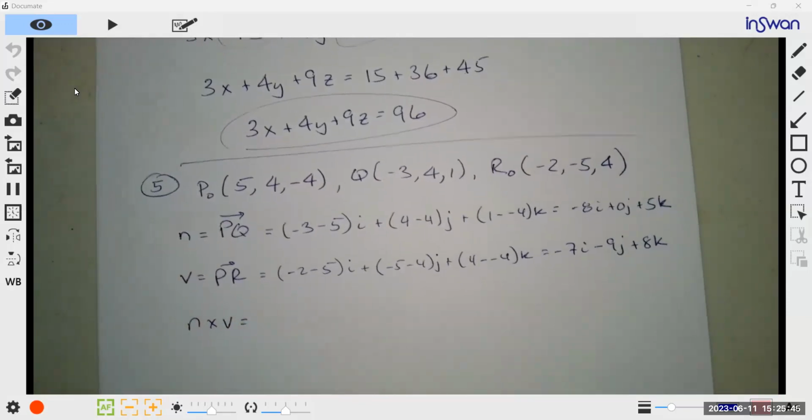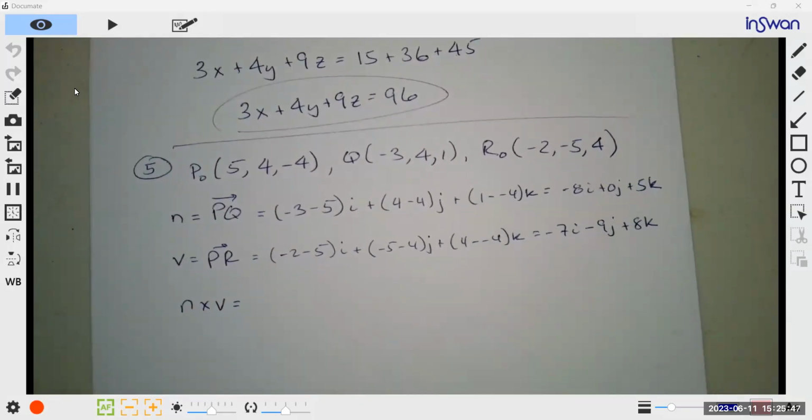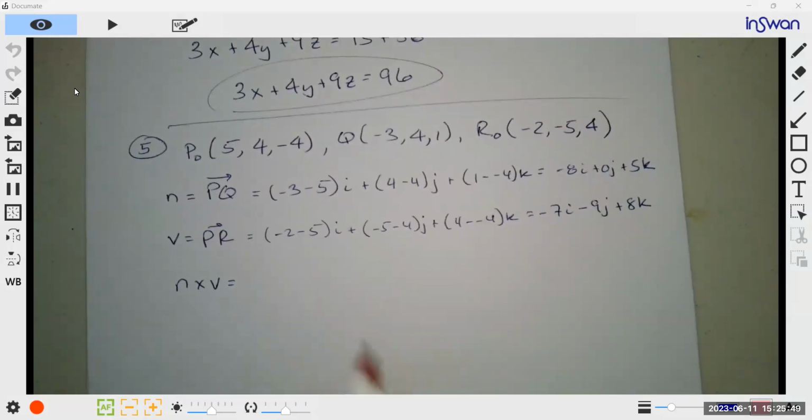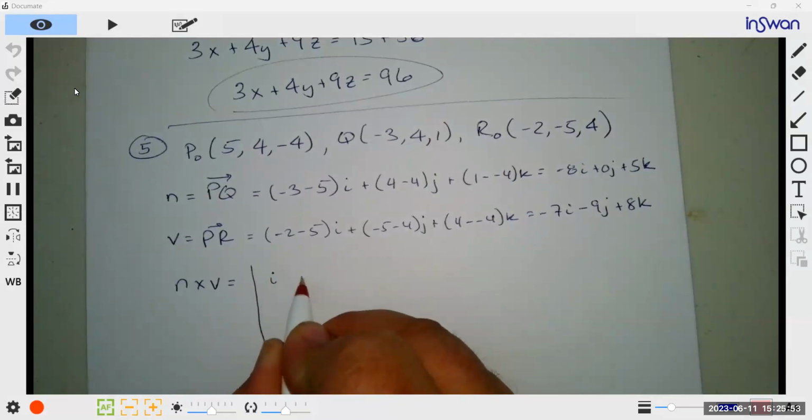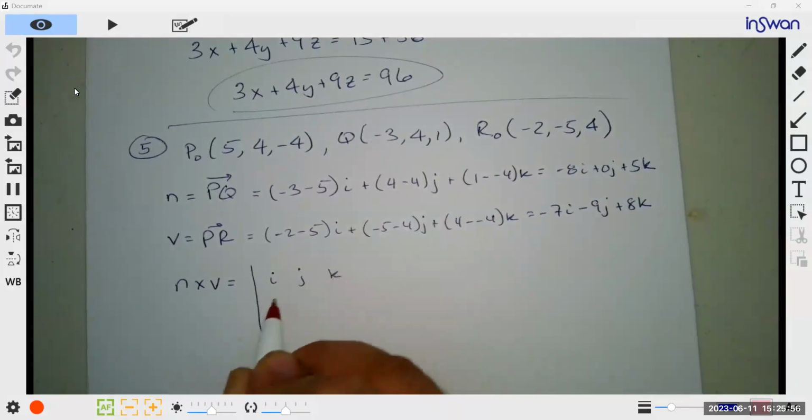So find the cross product of our vectors. Remember, this is the base and height.